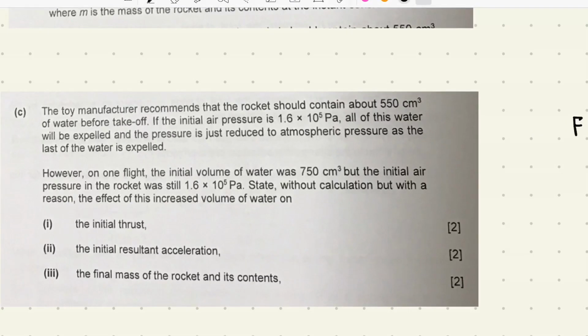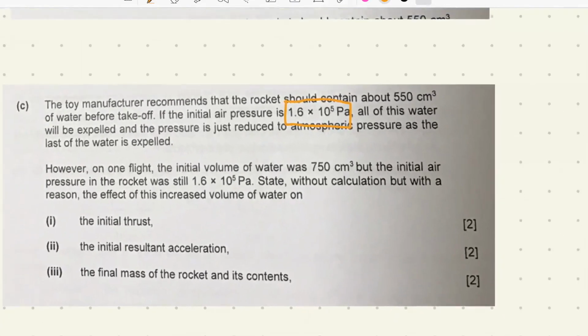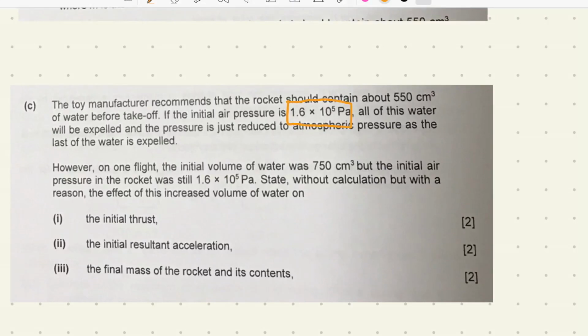Question C is a theoretical question. The toy manufacturer recommends that the rocket should contain about 550 cm³ of water before takeoff. If the initial air pressure is 1.6 × 10⁵ Pascal, so 1.6 times the atmospheric pressure, all of this water will be expelled and the pressure is just reduced to atmospheric pressure as the water is expelled.